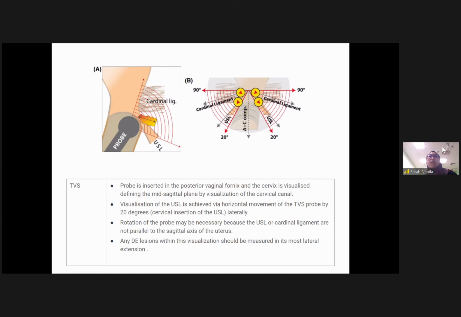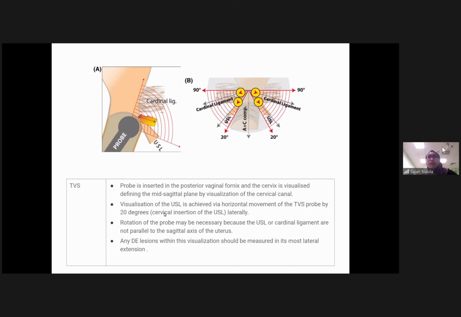This is the anatomical insertion of the uterosacral ligament laterally. Then the probe may rotate as necessary to visualize along the uterosacral ligament and any lesions along the ligament. If any deep endometriosis lesion is seen within this visualization, it should be measured in its most lateral extension.